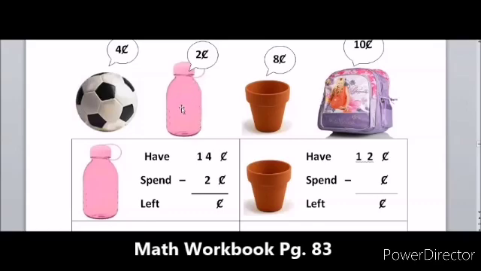That means you are spending. You spend 2 cents. You have 14 cents. You spend 2 cents. So how much is left out? How much money you have left out? That is what we have to find. You have some money, you give some money to the shopkeeper, then how much you will have left out? So for that we have to minus 14 minus 2 cents.